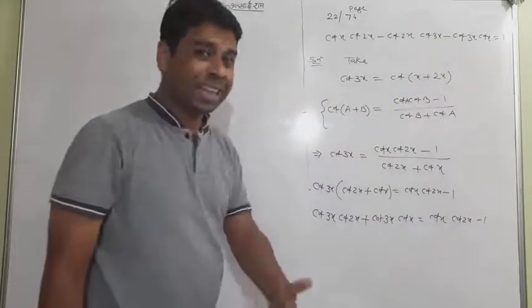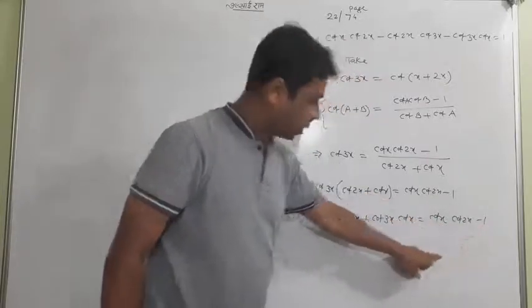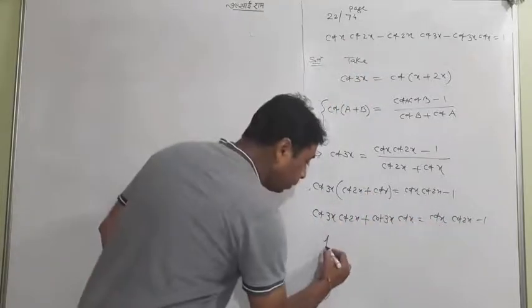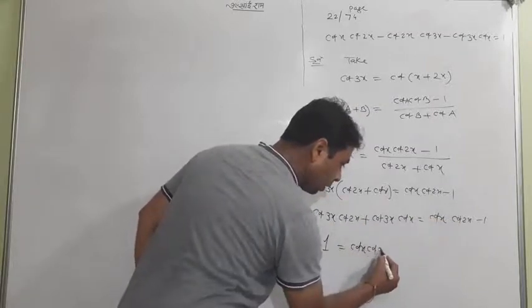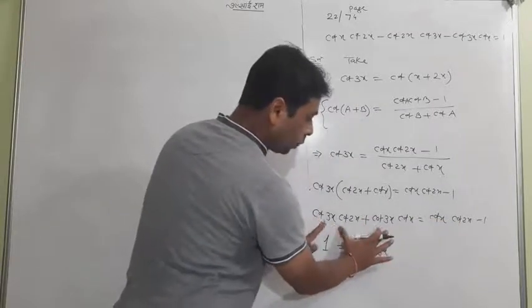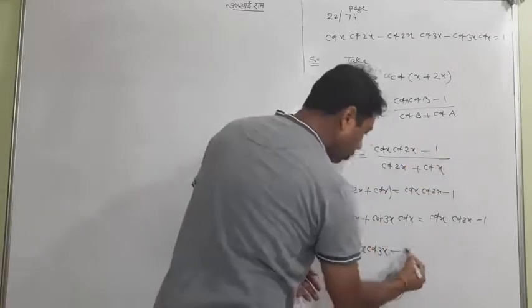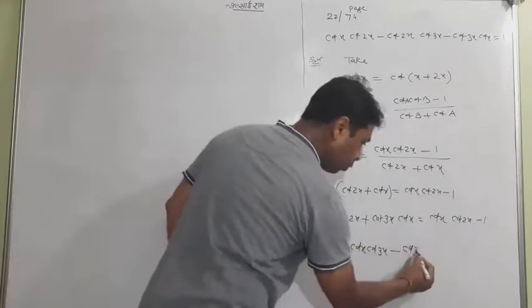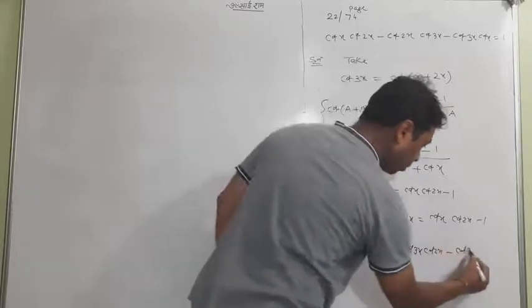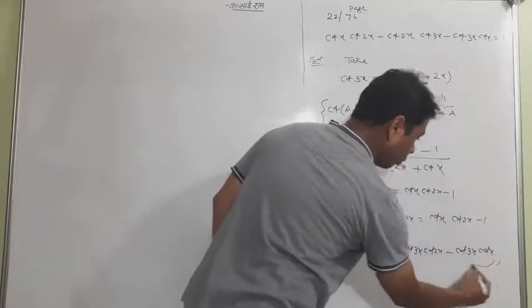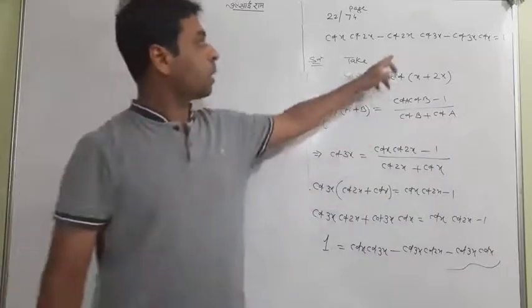Now I just want to arrange it. Minus 1 I'll transfer to this side, so it becomes 1. I'll write first the term cot x cot 2x, and transfer these two terms to the other side, so they become negative: cot 3x cot 2x minus cot 3x cot x. So this is the requirement asked here.